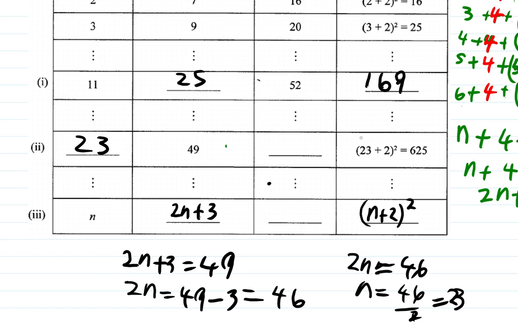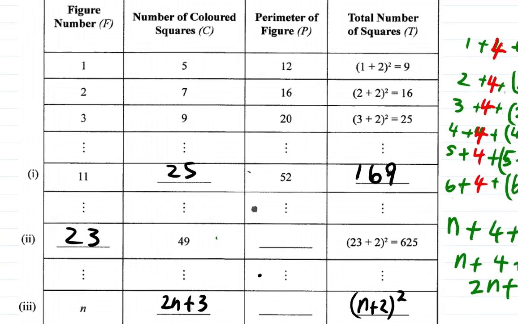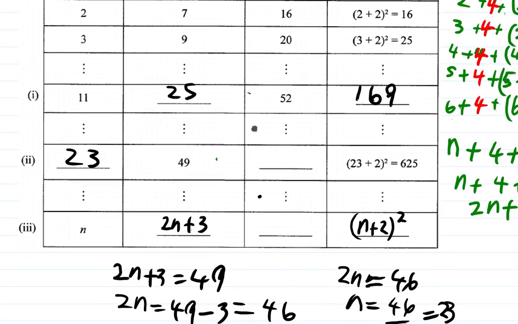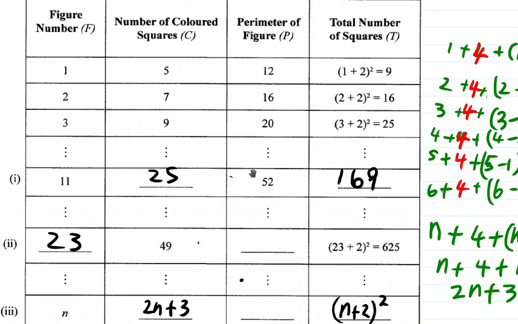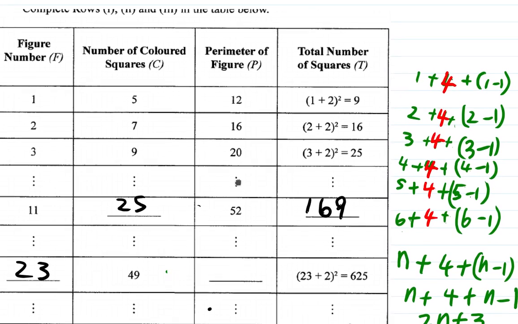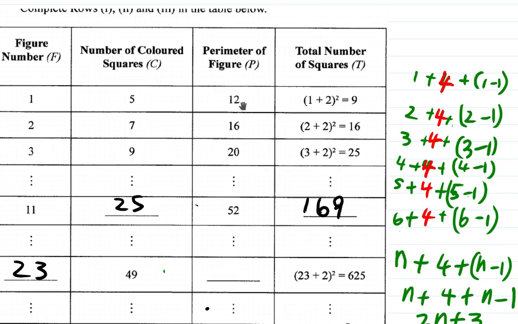Here now, we need this part here, the perimeter of the figure. We're going to get the perimeter of the figure now. So, 1 goes to 12, 2 to 16, 3 to 20.